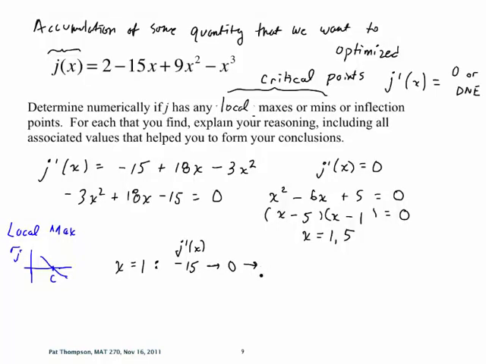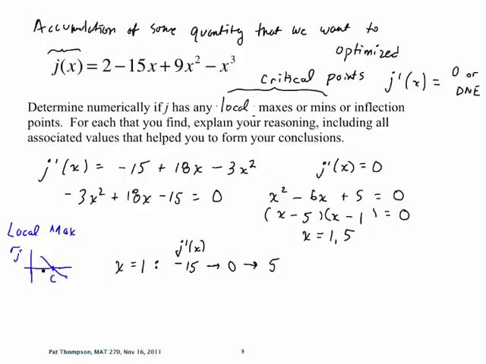And then what about, say, at 2? Plug in 2: 36 minus 12 minus 15. Is that right? 9? Thank you. So what am I doing? I'm checking this scenario right here.